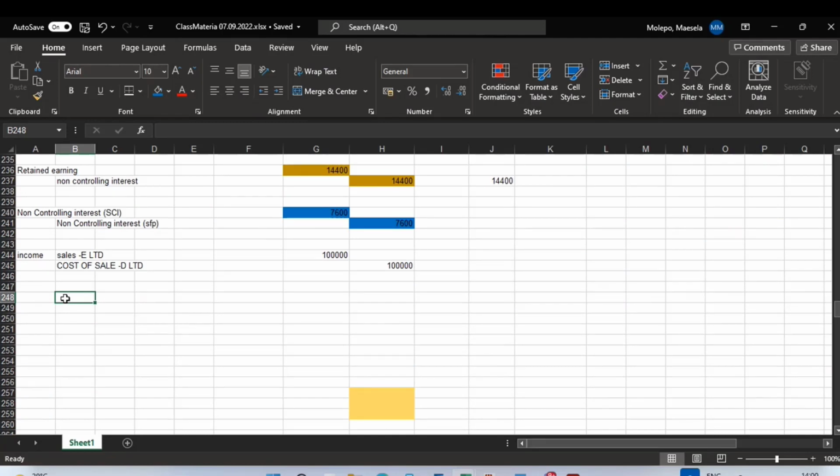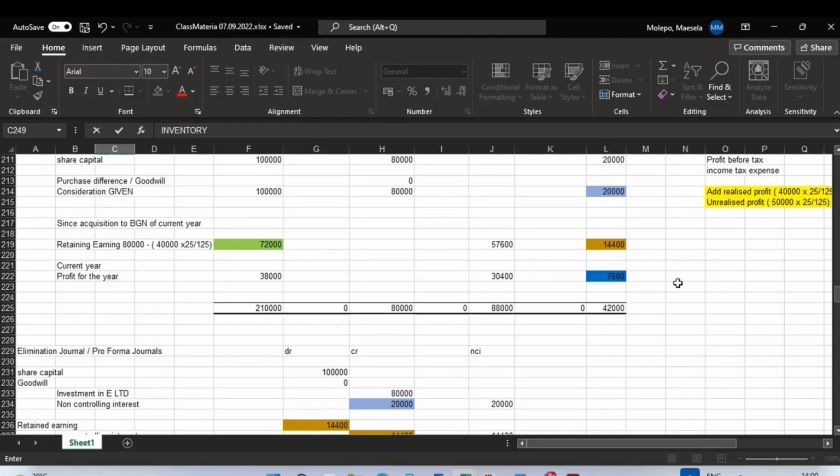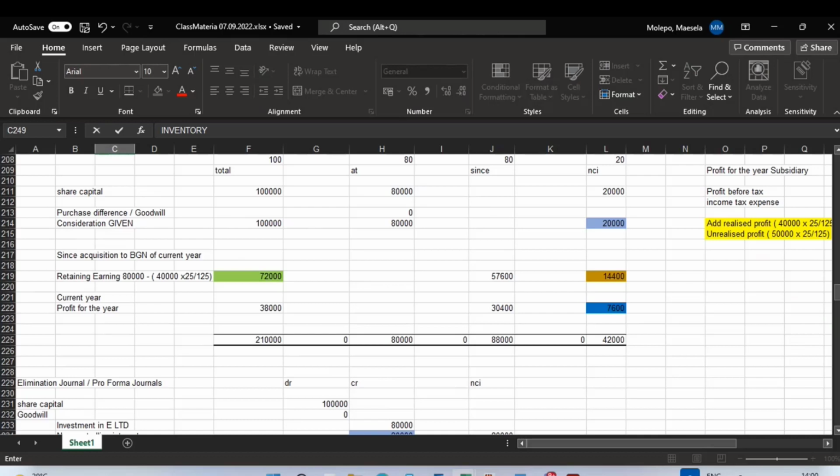Then we say it's the cost of sale, because the cost of sale now must be reduced, and the reason is the inventory. The inventory which was sold, in the books of D, is 50,000.